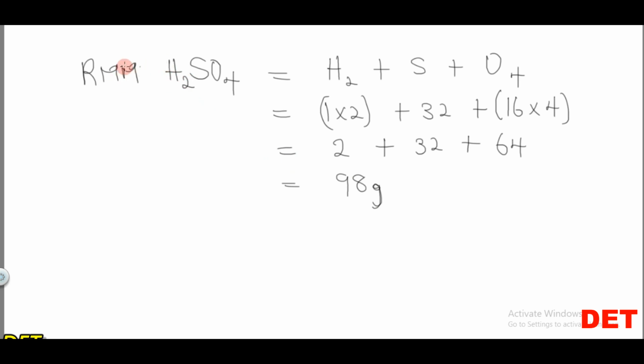So the relative molecular mass of tetraoxosulphate(VI) acid is 98 grams.